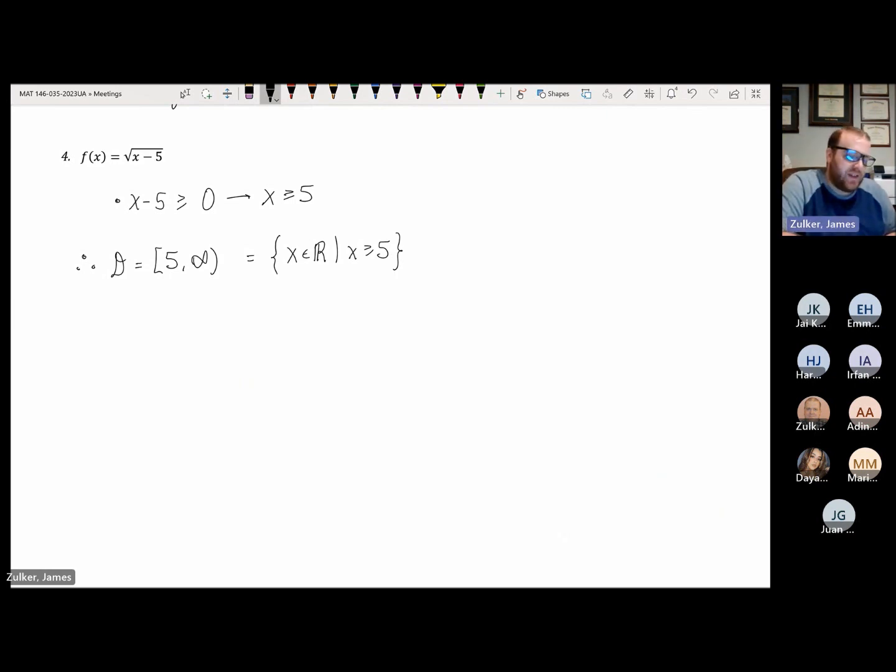Unless the problem specifies otherwise, it does not matter which notation you use. So there's our domain for this function.